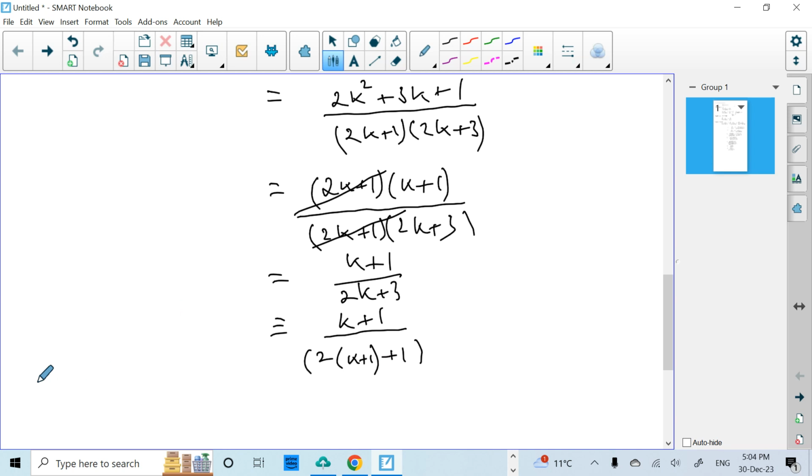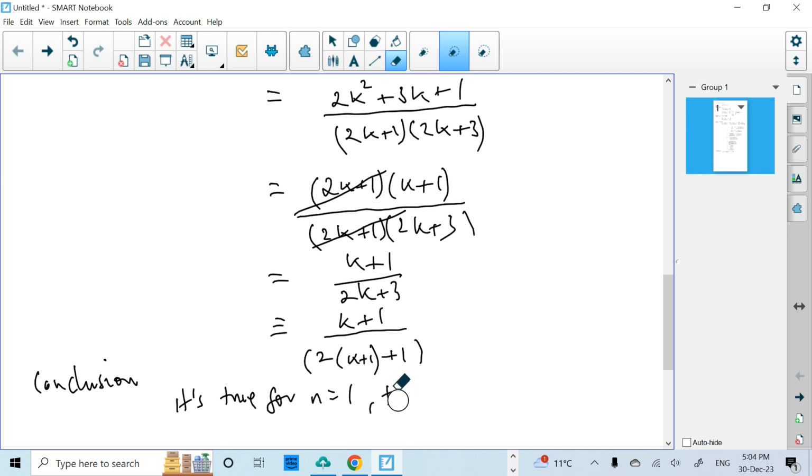Now, our conclusion is that as the general result has been shown to be true for n equal to 1, and true for n is equal to k, I don't need to write true again, do I?